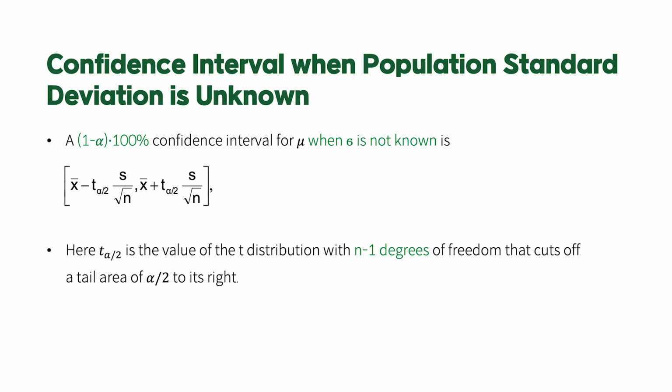We will talk shortly about how to find these t-scores, and more about the t-distribution. You also notice that in place of sigma, you have S, which is why you're using the t-distribution instead of the normal distribution.